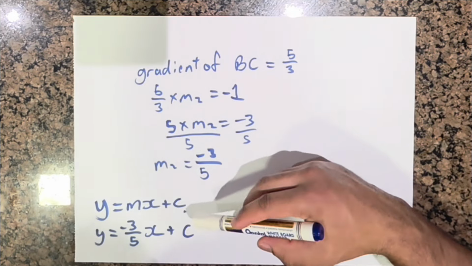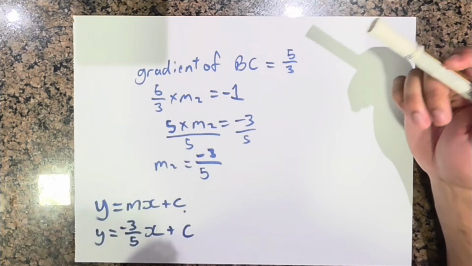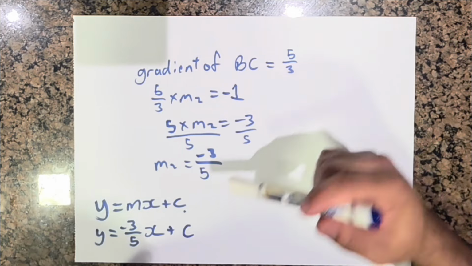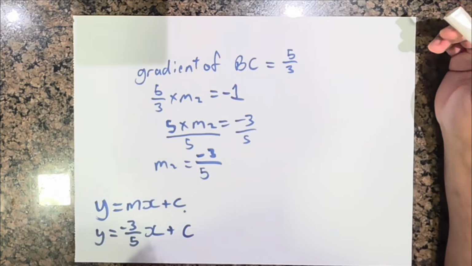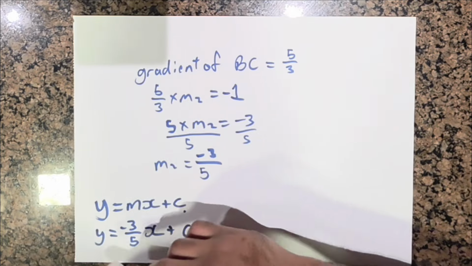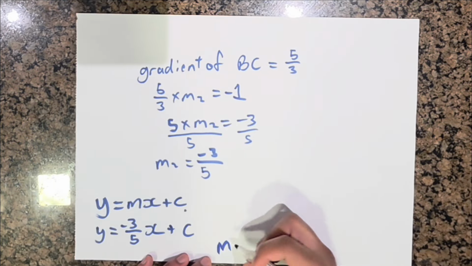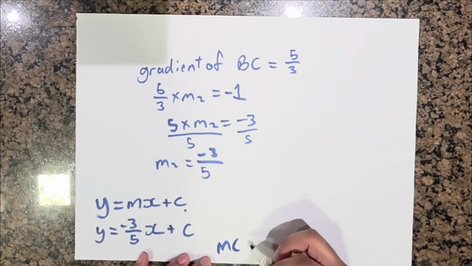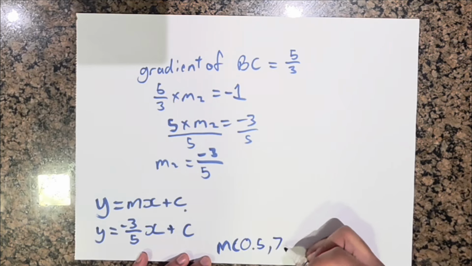So all we need to do is find c, and this is where it becomes easy. In order to find c, since we can't visually see where this line cuts the y-axis on the graph, all we need is an x and y value that falls on that line. And since we found the x and y coordinates of M, which is a point on that line, we can substitute it into here. So we said earlier that M is 0.5 and 7.5.